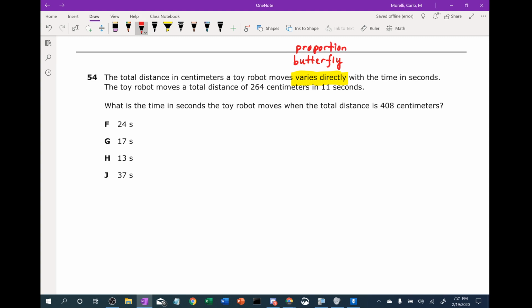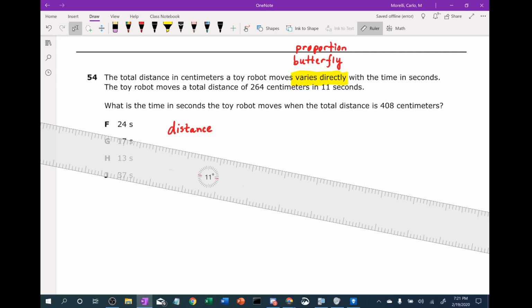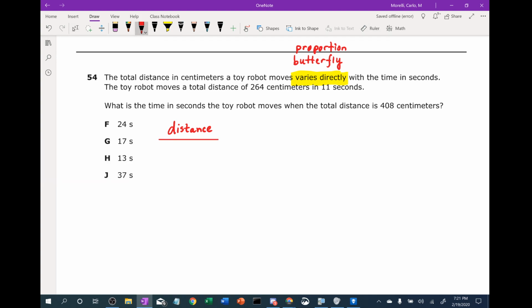All right, so it says here that the distance varies directly with time in seconds. Okay, so we say distance over time, and that's equal to, and then it tells us something. It tells us the robot moves 264 centimeters in 11 seconds.